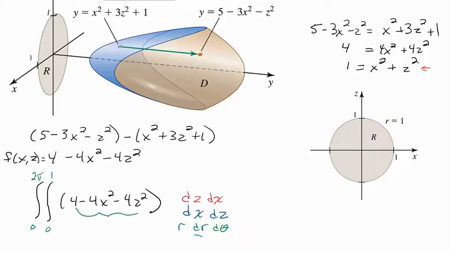All right, so we have 4 minus 4x squared minus 4z squared. So let's take a -4 out of those last two terms, and we get that. So now if we're looking in the xz plane, what is x squared plus z squared?